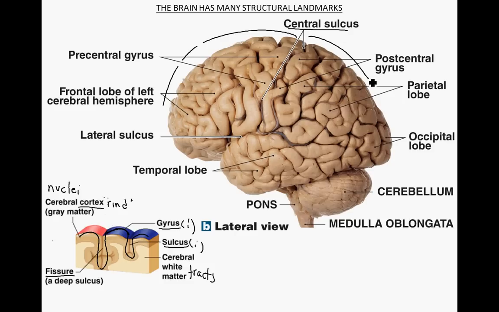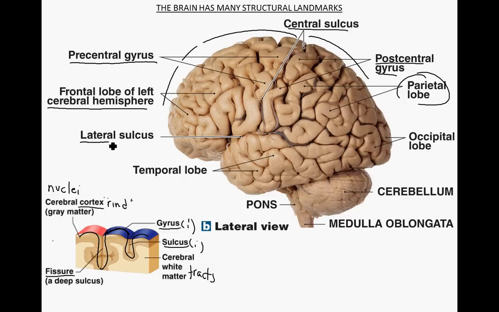On the anterior side of this central sulcus is the precentral gyrus, and posterior to that is the postcentral gyrus. So you should be able to identify those two, the precentral and the postcentral gyrus. Again, here we see the parietal lobe, and this is the frontal lobe of the left cerebral hemisphere, more toward the front of the brain.